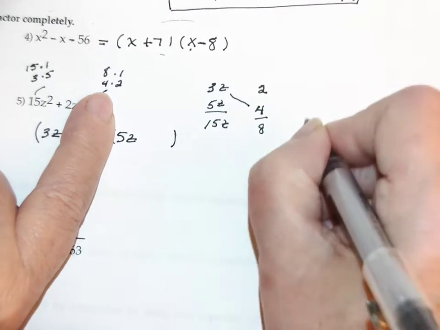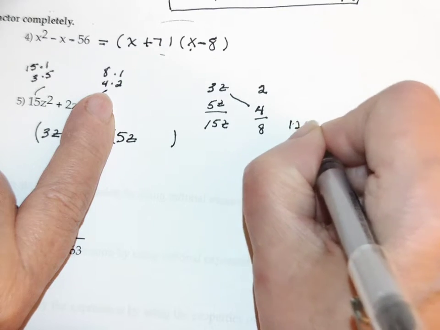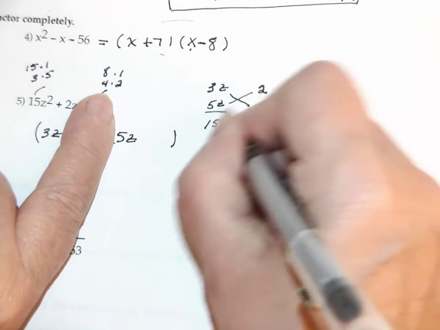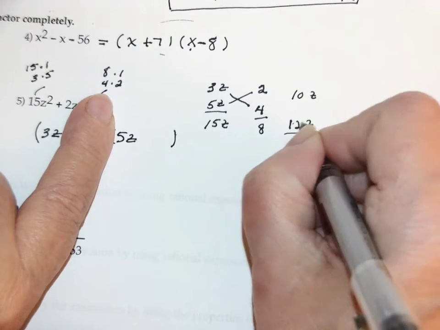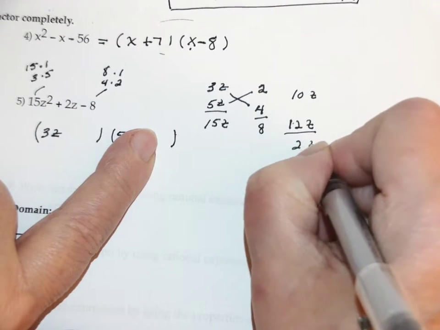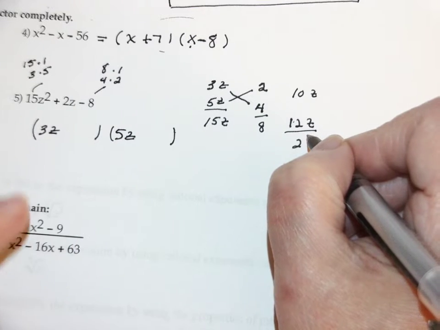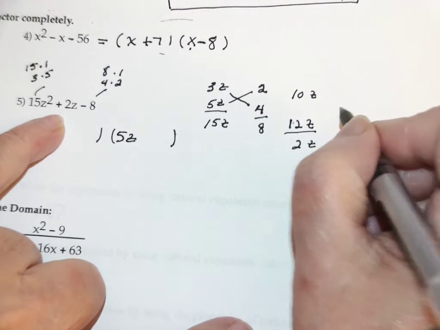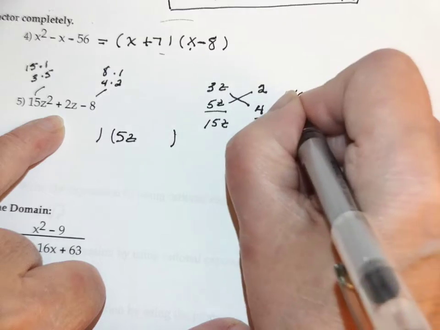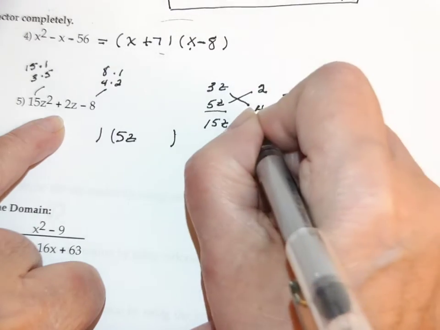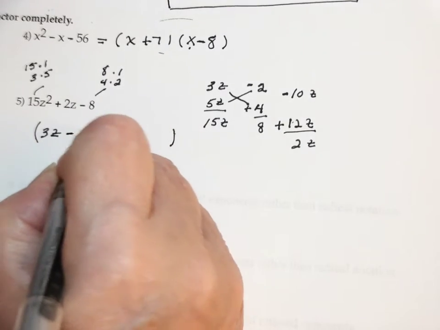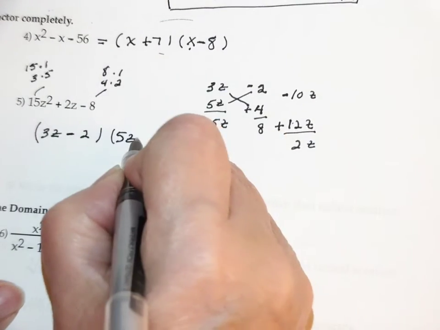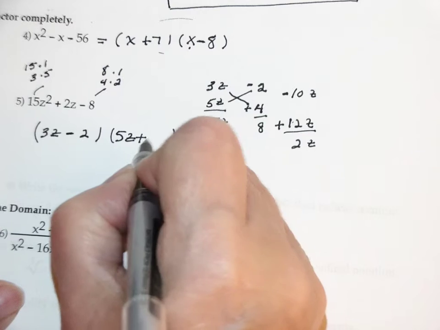Inner outer, this is going to be a 12z, this is going to be a 10z, and if I subtract, I get a 2z. Now I need the z to be positive, so 12 is positive, 10 is negative, so this is positive, that's negative. So this is going to be a negative 2 and a positive 4.